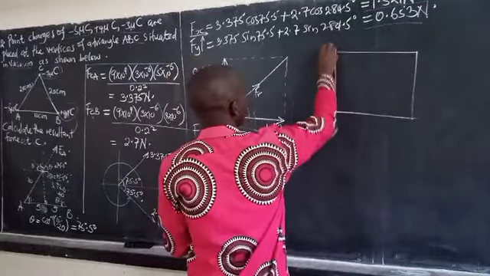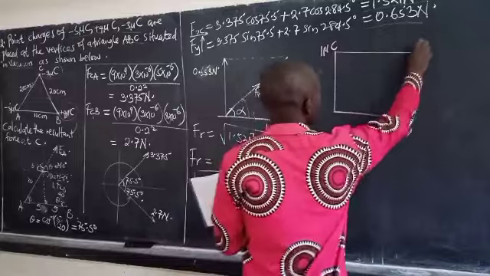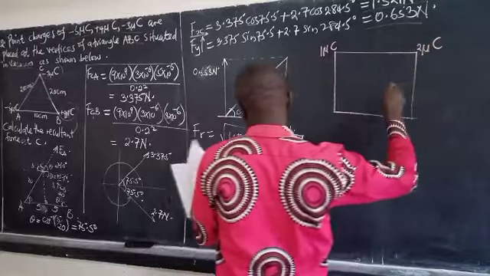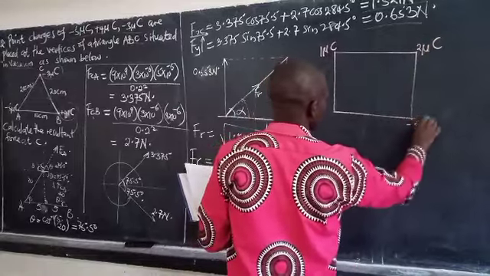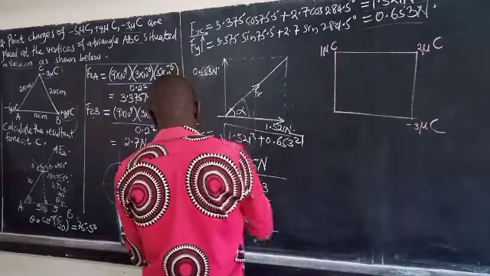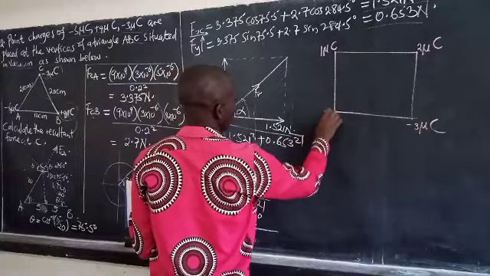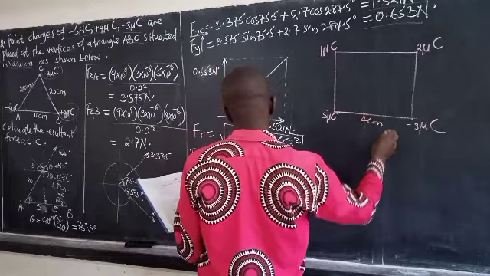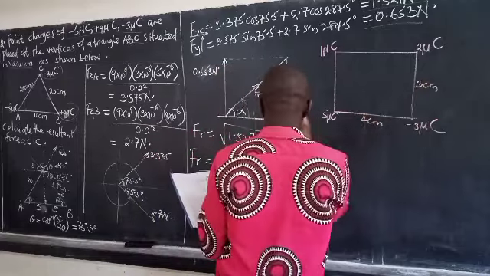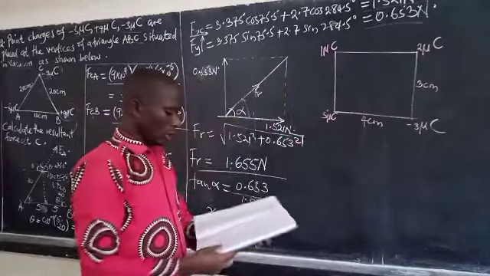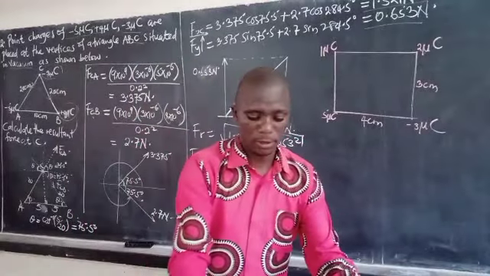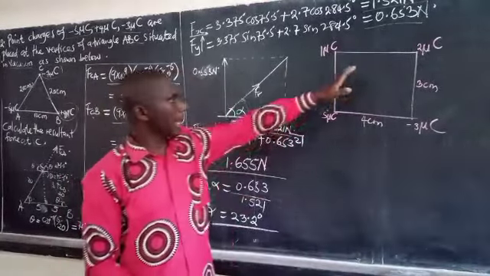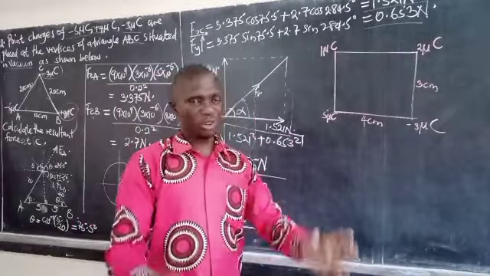This is 1 microcoulomb, this is 2 microcoulombs, this is -3 microcoulombs, and this is 5 microcoulombs. This is a distance of 4 centimeters. This is a distance of 3 centimeters. Those charges are in air. That's what you need to know.